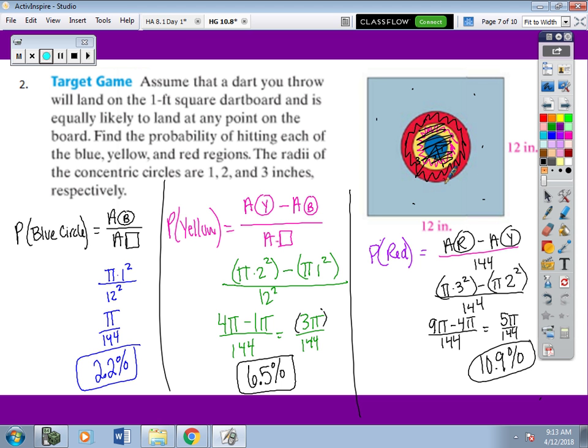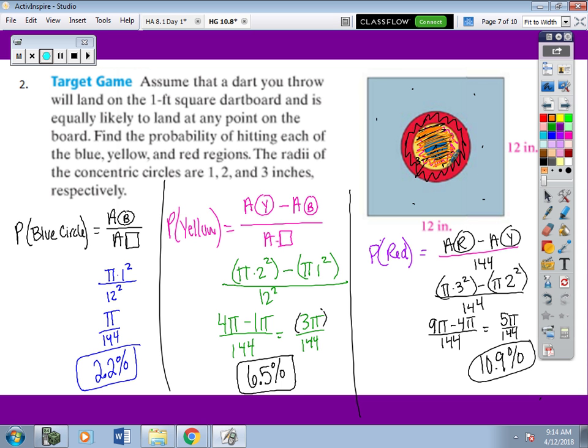I'm actually subtracting the whole yellow circle whenever I choose pi times 2 squared. Pi times 2 squared is representing this whole thing, even though it doesn't appear to be all yellow on our page. Good question. If you wanted to subtract the yellow ring and then subtract the blue circle, it would be the same thing as subtracting just the whole yellow circle.